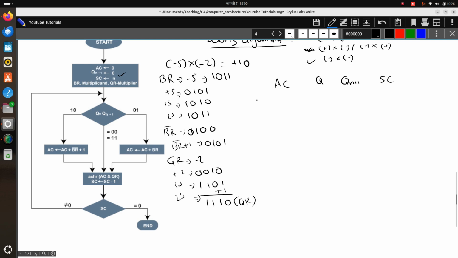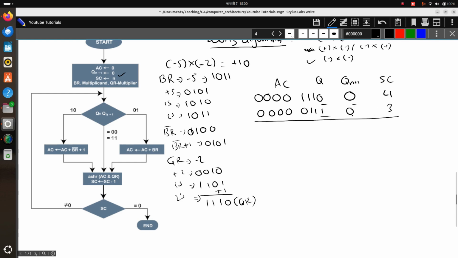Now again we have the accumulators. We have QR, we have Qn plus 1, always initially as 0, and then AC. We check the combination. We know that we need to do arithmetic right shift. 0, 1, 1, 1 and 0, and the step counter is going to be 3.